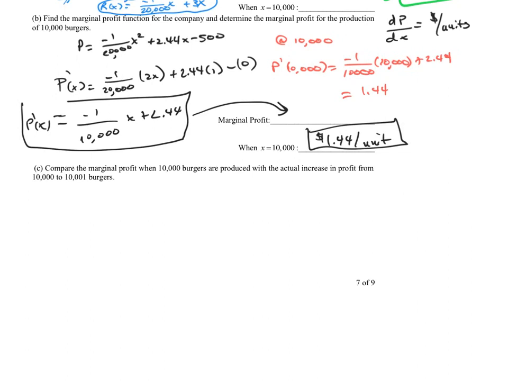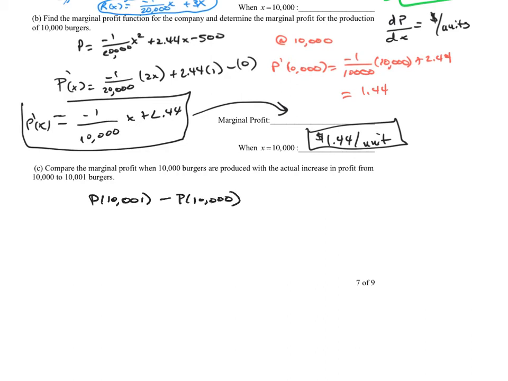Part C says compare the marginal profit when 10,000 burgers are produced with the actual increase in profit from 10,000 to 10,001 burgers. So again, this $1.44 per unit or per burger increase is our estimation of the profit that we make from that 10,001st burger. How do we find out what we actually made? Well, we need to do the profit of 10,001 burgers minus the profit of 10,000 burgers.